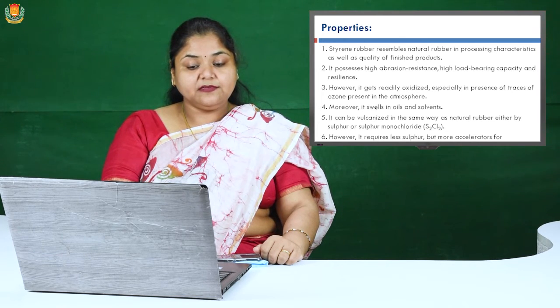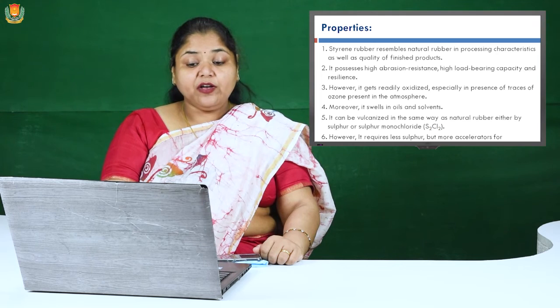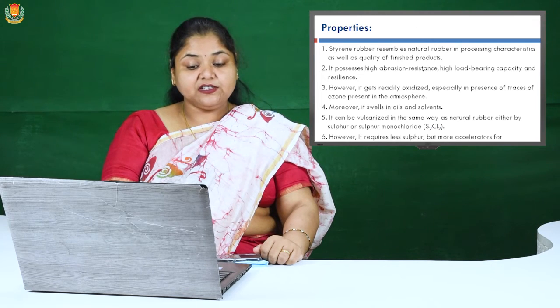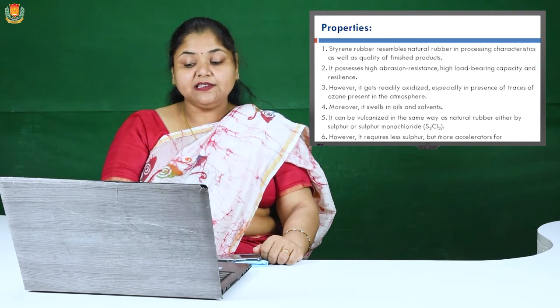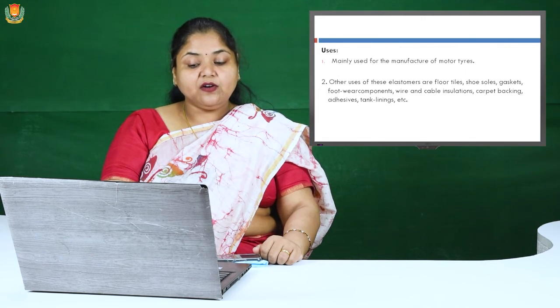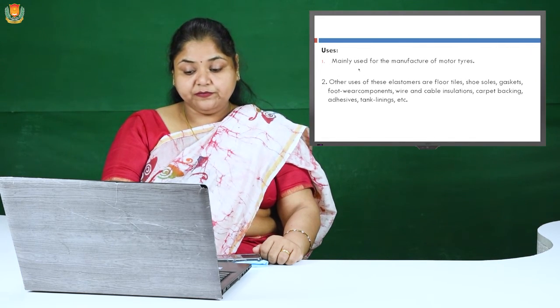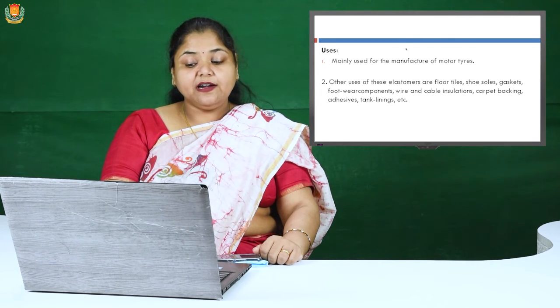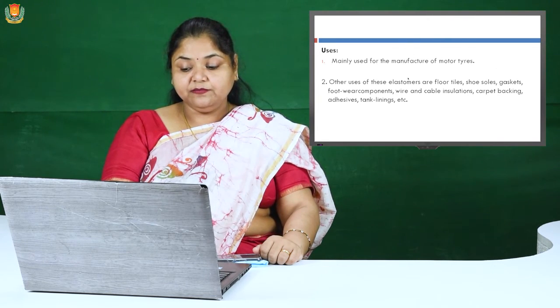However, it gets readily oxidized, especially in the presence of traces of ozone present in the atmosphere. It swells in oil and solvents. It can be vulcanized in the same way as natural rubber, either by sulfur or sulfur monochloride. It requires less sulfur for vulcanization.